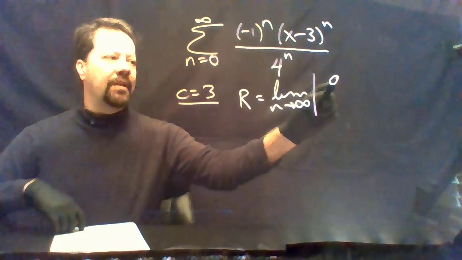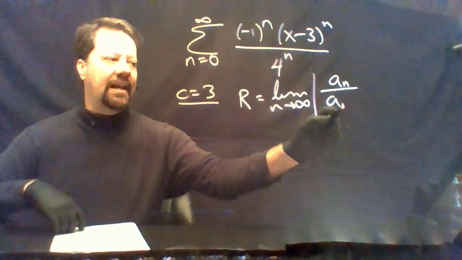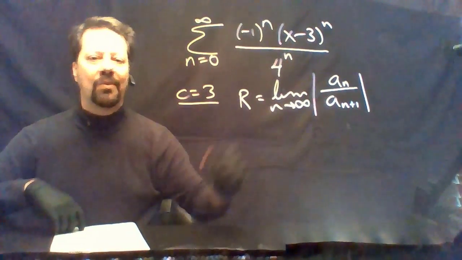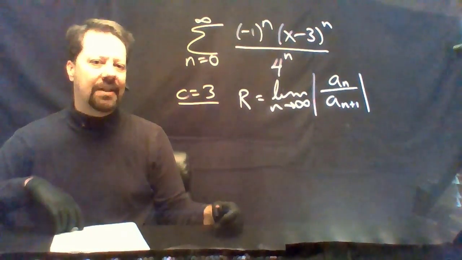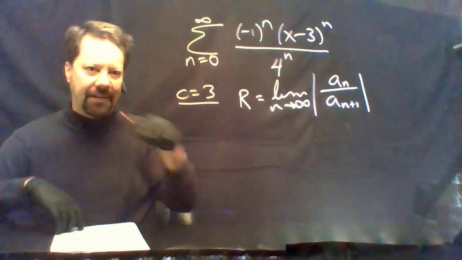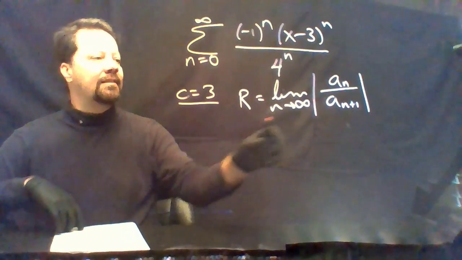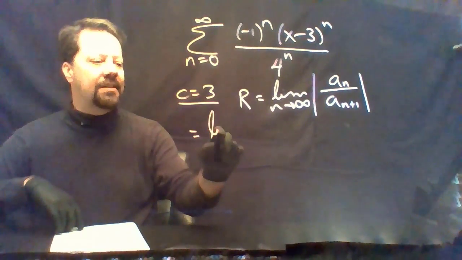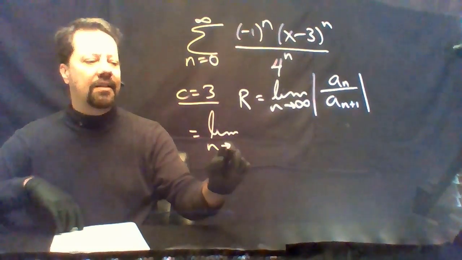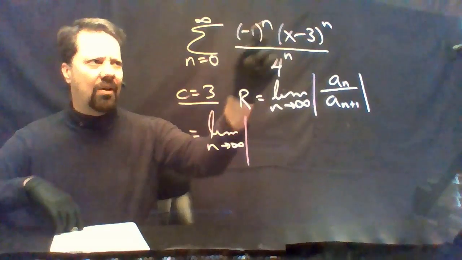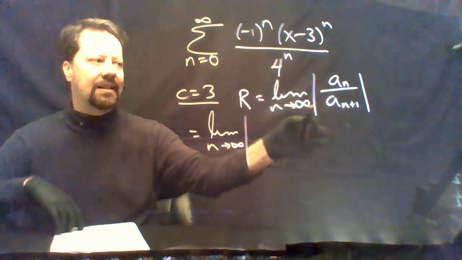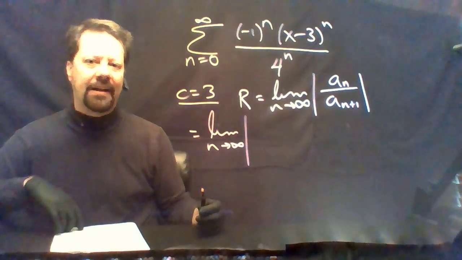The formula is a_n over a_(n+1), which is a kind of upside-down ratio test. Remember, we obtain this by dividing the ratio test off. So we get the limit as n goes to infinity. You can always ignore the negative 1 to the n because you're inside of absolute values.